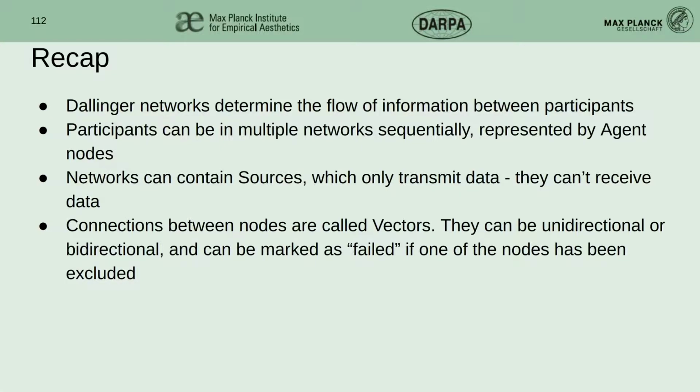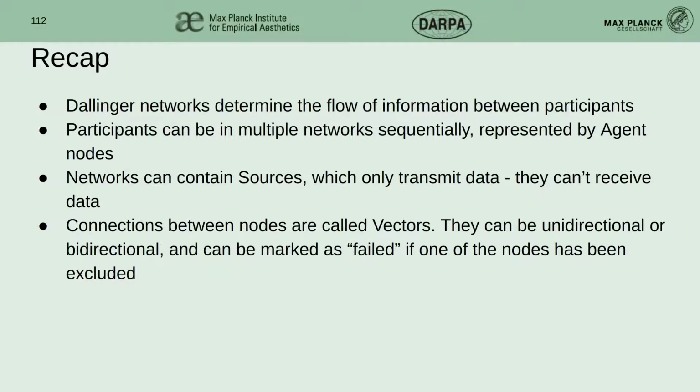Meaning that participants aren't exactly people, because the same person could be multiple participants in each of many different experiments. However, a participant can create multiple node objects, and in many of the designs that you'll create, a participant will create many nodes, each of those nodes belonging to some particular network.